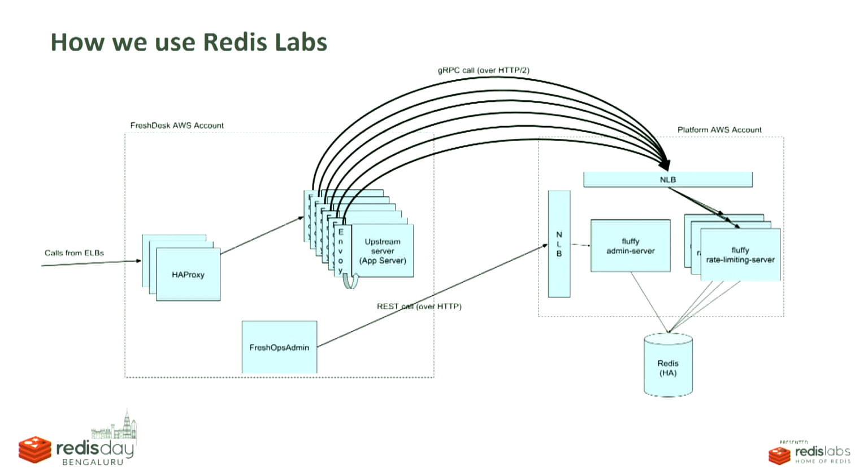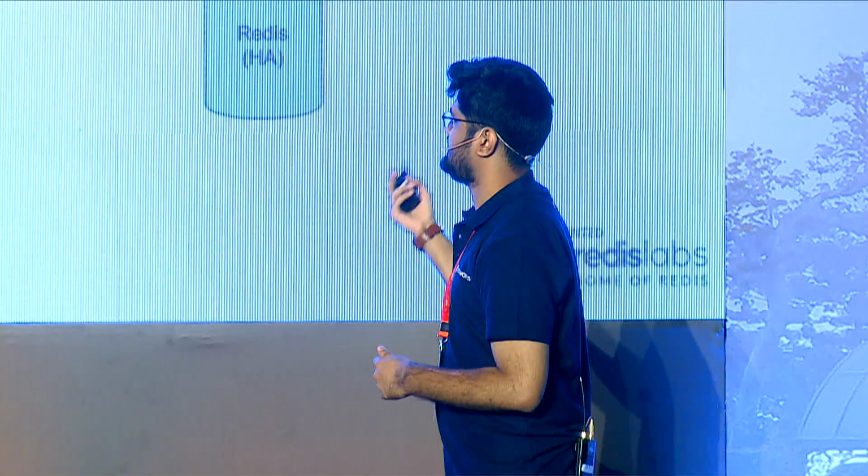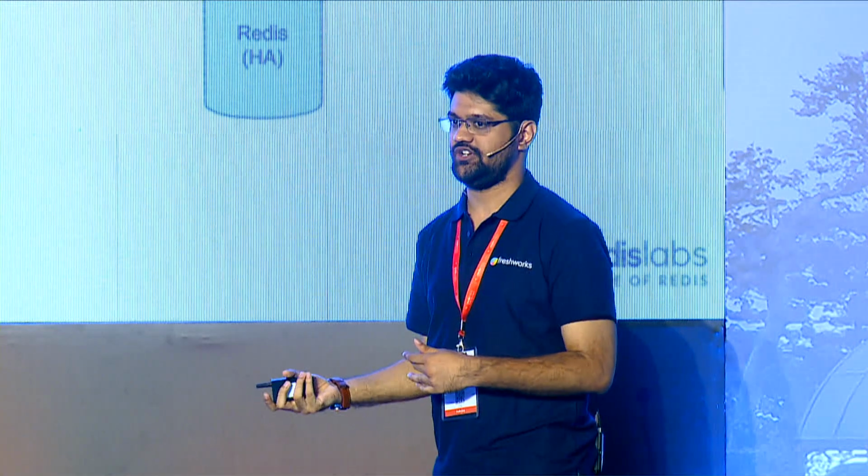Now, before all of this, when someone signs up, their request via the FreshOps admin reaches the Fluffy admin server and creates a rate limiting policy for them. So once you have a rate limit policy configured via the FreshOps admin, and a request comes in, it looks up which account the request is for, and takes a decision on whether this should pass through or not.